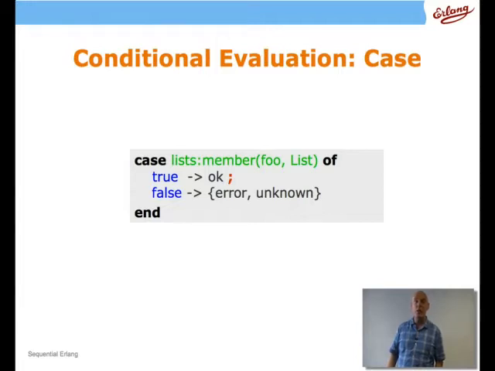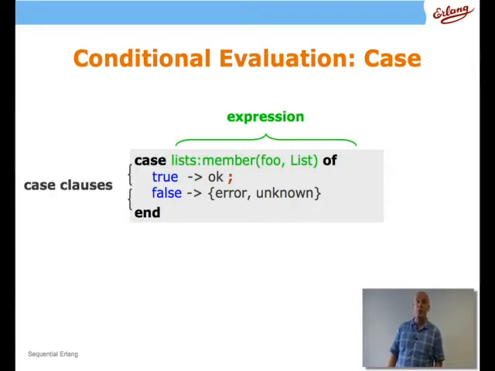Now what you see in a case expression is it's delimited by the keywords case, of, and end. You have a single expression that is evaluated, and then according to the value that has, you have a number of alternative cases. And in each of the cases, the clauses, you see a clause head and a clause body.